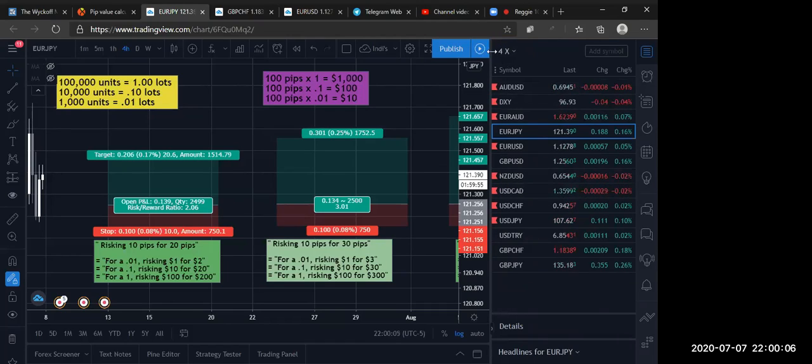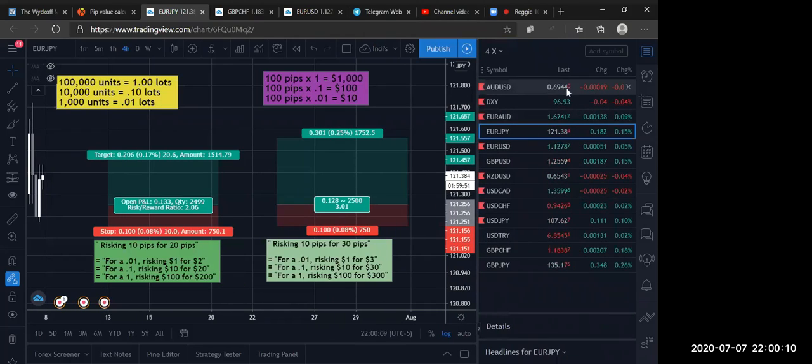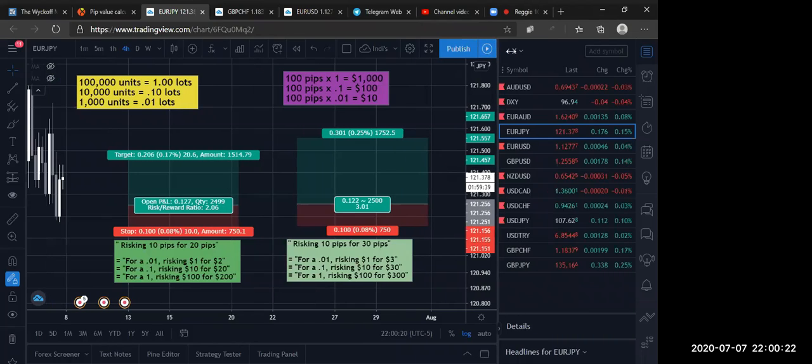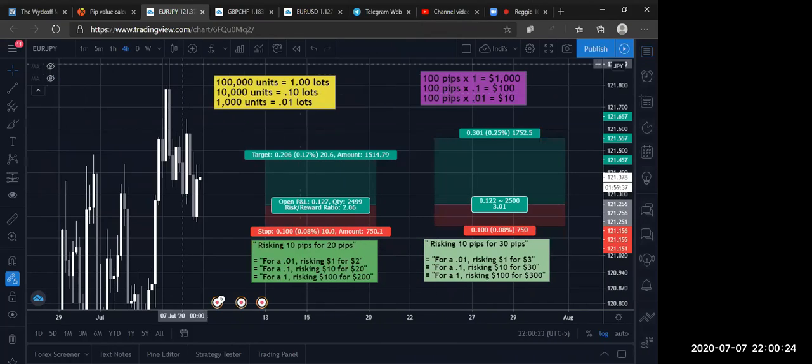Those are normal forex pairs, and the pip would be the second to last digit, so this 4, or this 1, or this 8, and so on. For JPY pairs, like USD JPY, GBP JPY, and right now on this chart Euro JPY, it's the same scenario. It's the second to last digit, except that for JPY pairs you only have 2 or 3 digits. That's the difference. Nothing really too major though.